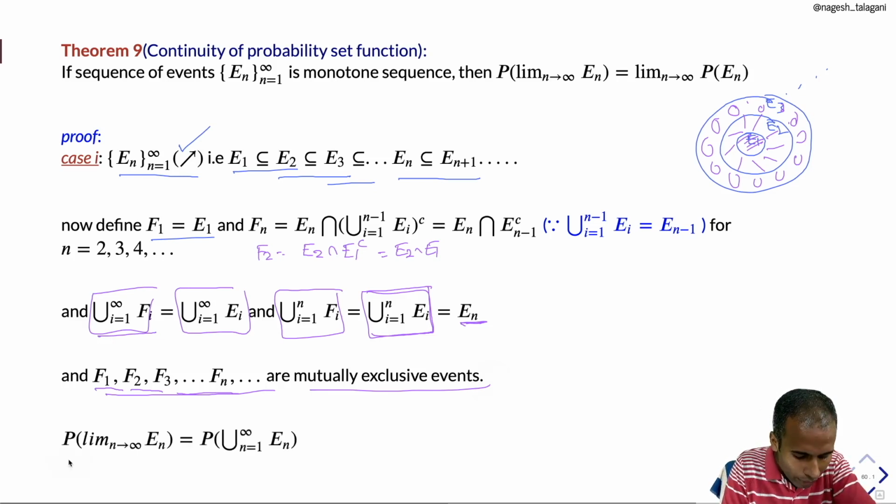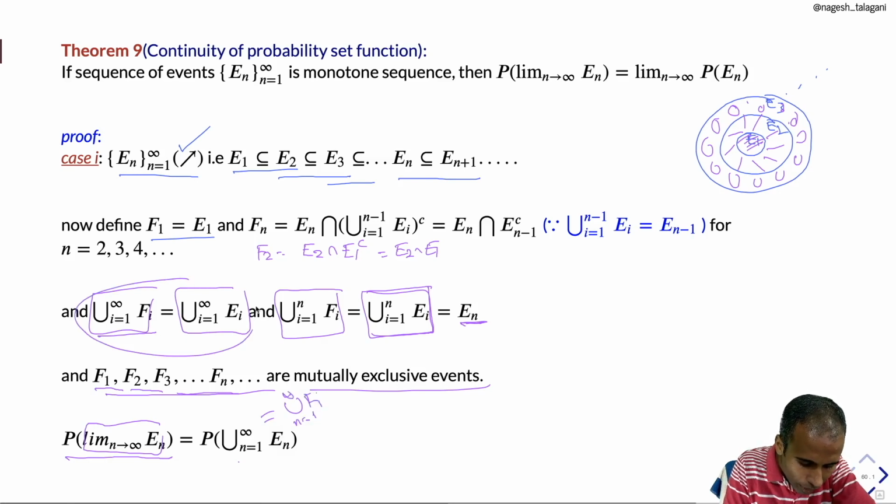Now here, the probability of the limit of En. See, the limit of En is nothing but the union of n equal to 1 to infinity En in the increasing case, right? That's why for the probability of the limit of En we are writing the probability of the union of En, but this union is the same as the union of n equal to 1 to infinity Fn, right?